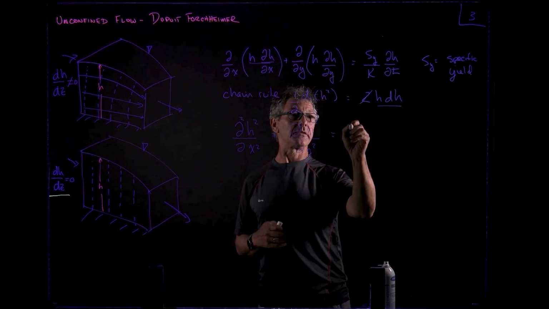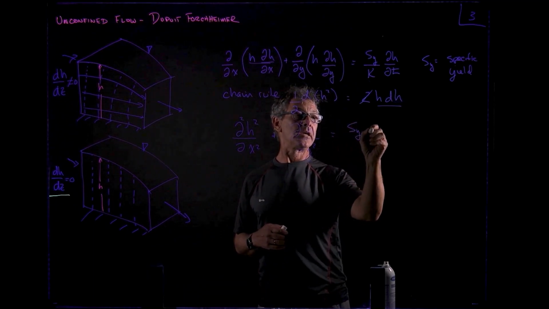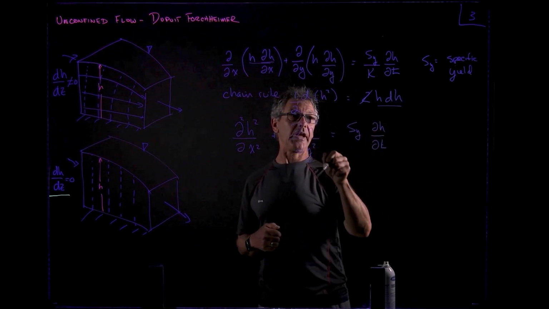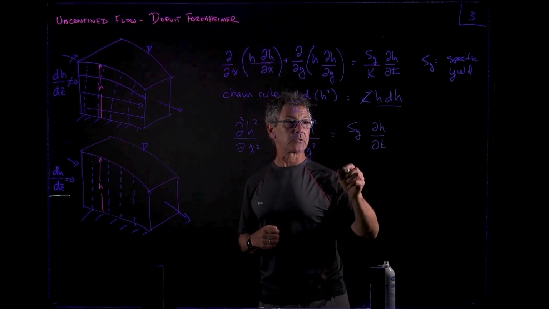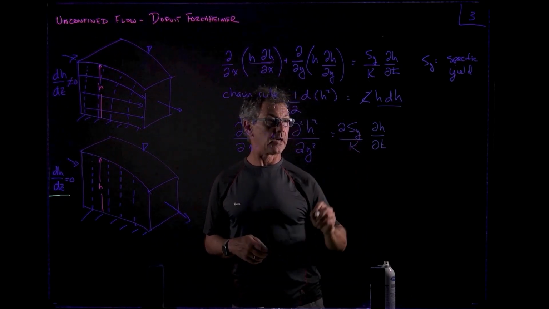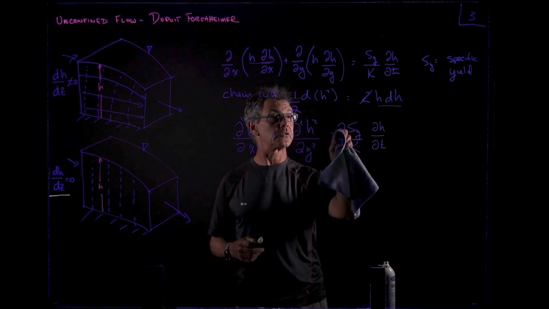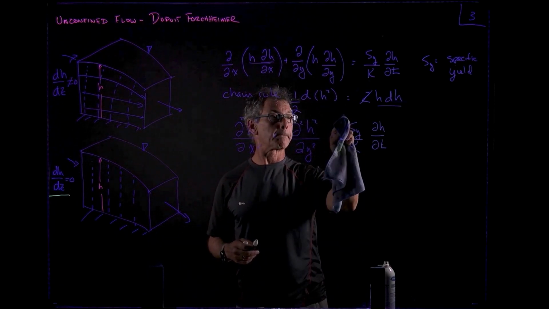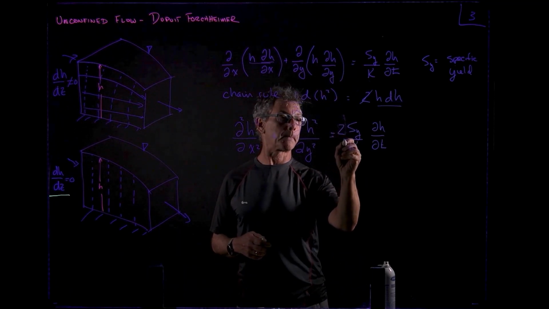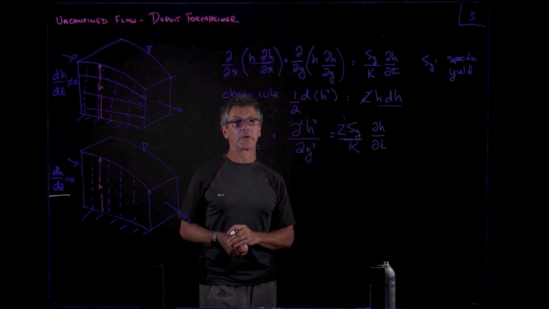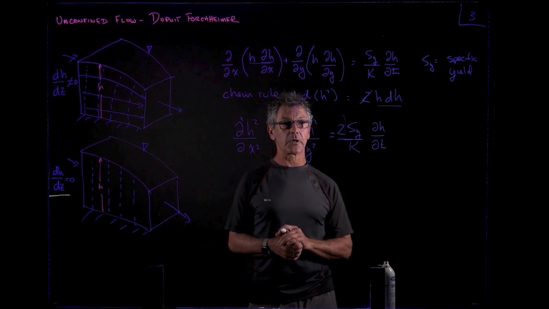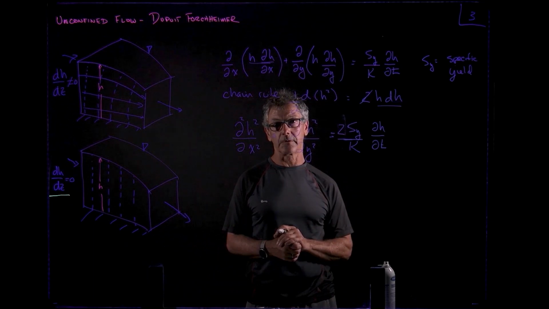And then we have the same thing on the right-hand side, except that now we had this 1/2 over here, and so that is going to make a factor of 2 over here on the right-hand side. And again, let me change my 2 so that it doesn't look like a partial. There. Okay. So this is our equation for unconfined flow.